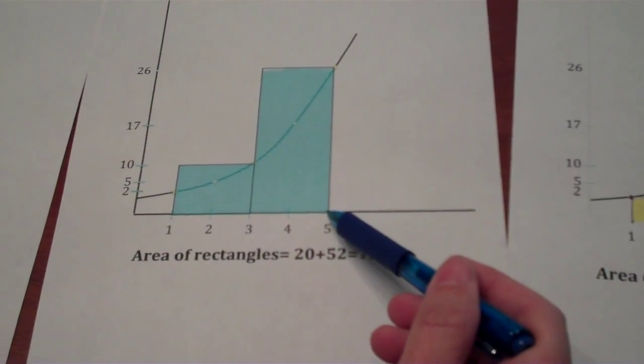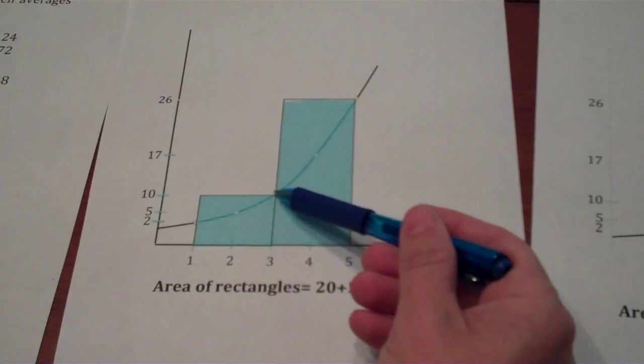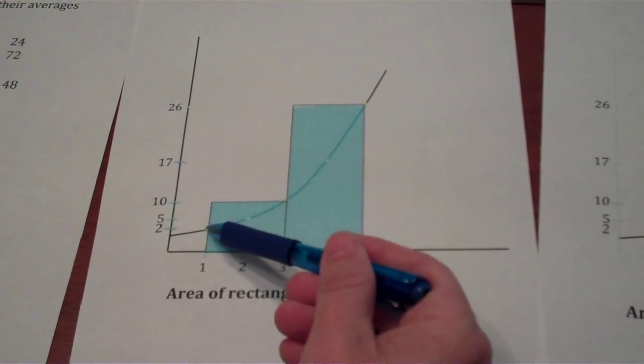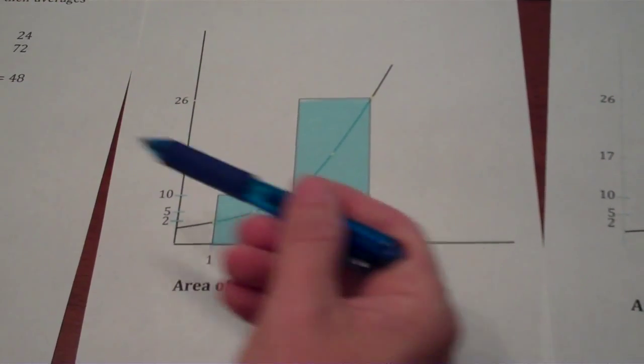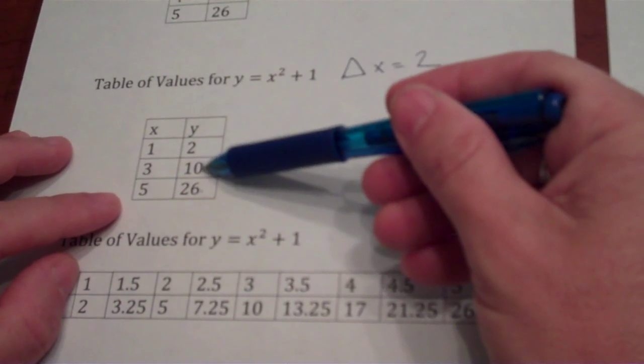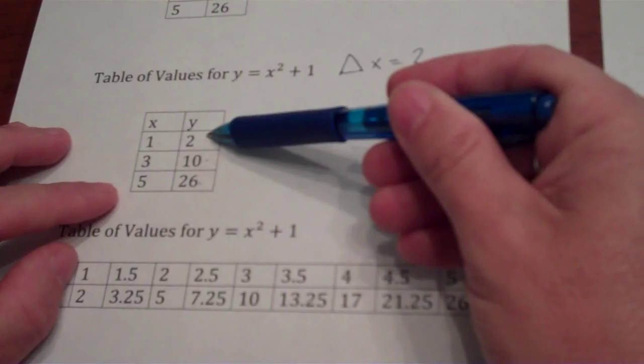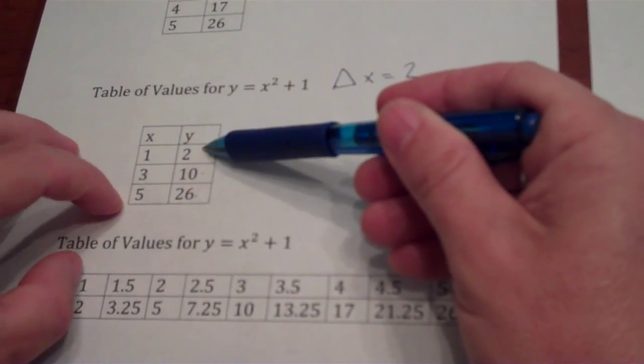When I started at 5, the value was 26. I used the value at 3, but notice I didn't bother to use the first value I had at 1. Again, if I look at the values from my chart, I used the 26 and the 10, but there was no reason to use my first value at 1. Again, I didn't have to go beyond the far left-hand side.